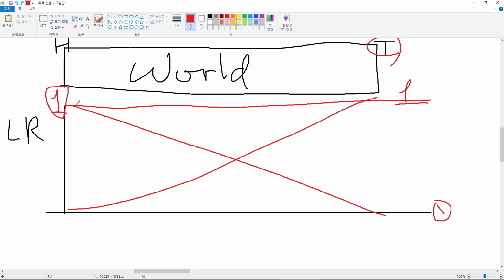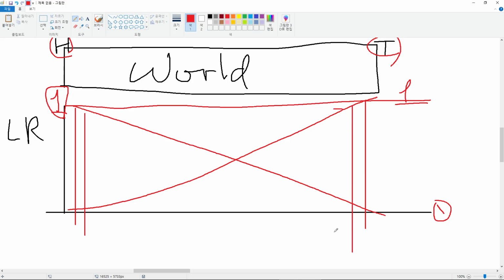But the focus shouldn't be on either one of these two, head or tail. The focus would have to be on the next ones, on the second entity, on the third entity from the top, or the second entity, or the third entity, or the fourth entity from the bottom.